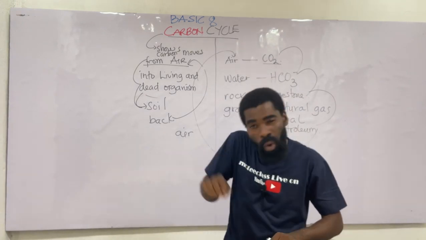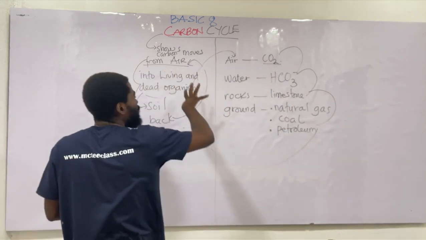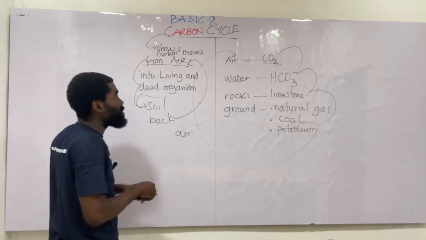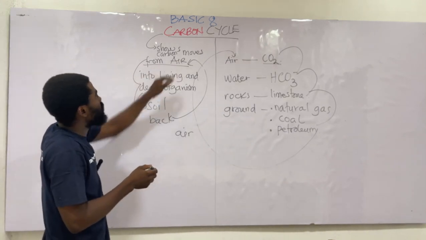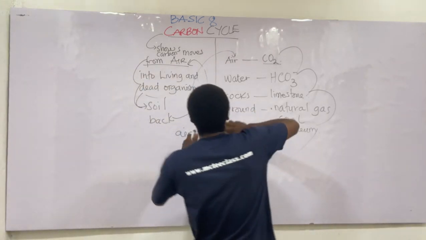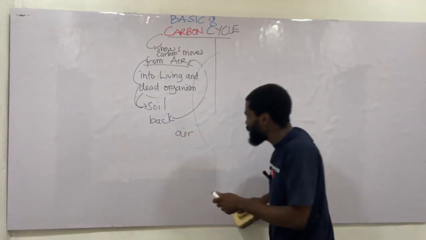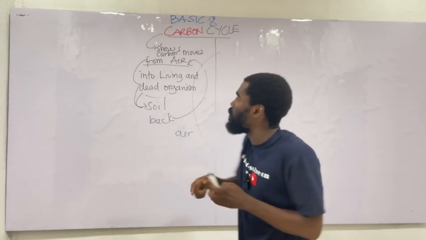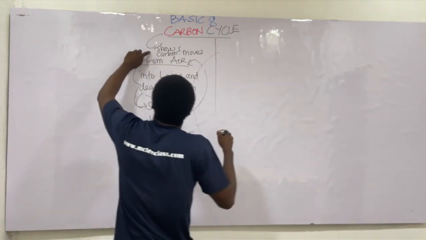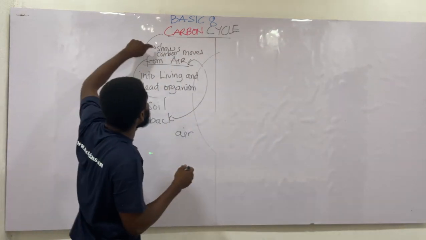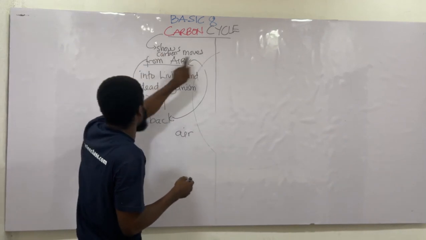Listen to this. Carbon will move from the air into living things through the plants. So plants are the ones that will remove the carbon dioxide from the atmosphere.